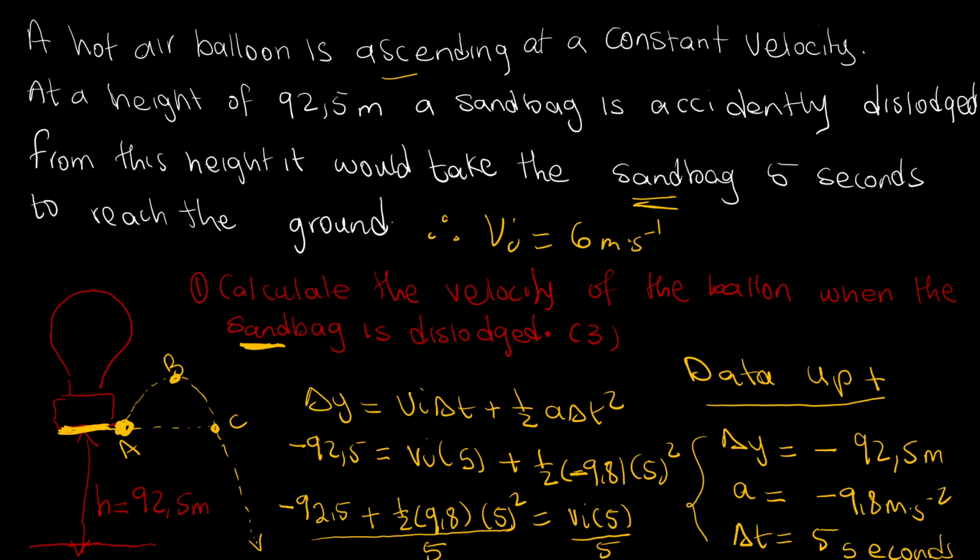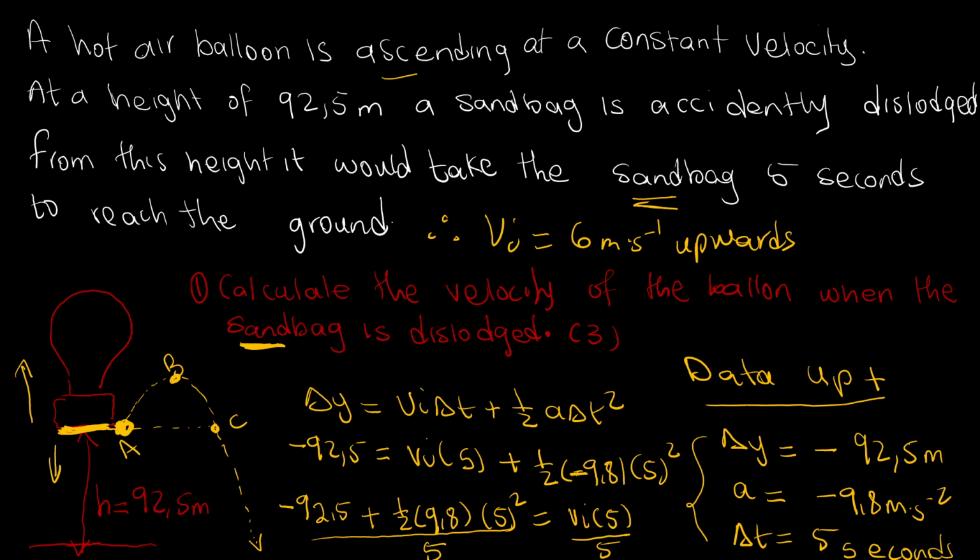Right, but now remember, this is the velocity of the sandbag when the sandbag moves down, and we are looking for the velocity of the hot air balloon. The hot air balloon moves up, so the velocity will be upwards. Guys, I know that there are a lot of confusions when it comes to this type of problem. Just try to understand the statement.